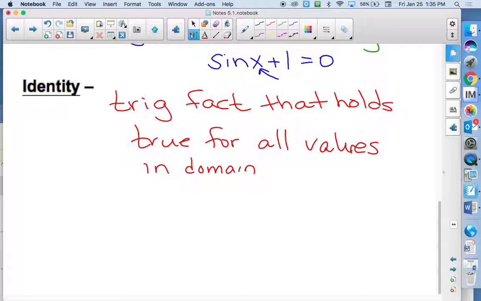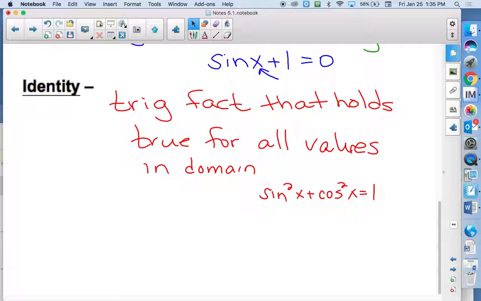So on that identity study sheet, those are all trig facts. So sine squared plus cosine squared equals 1 is a fact that holds true for any value of x, because the domain for sine and cosine is negative infinity to positive infinity.